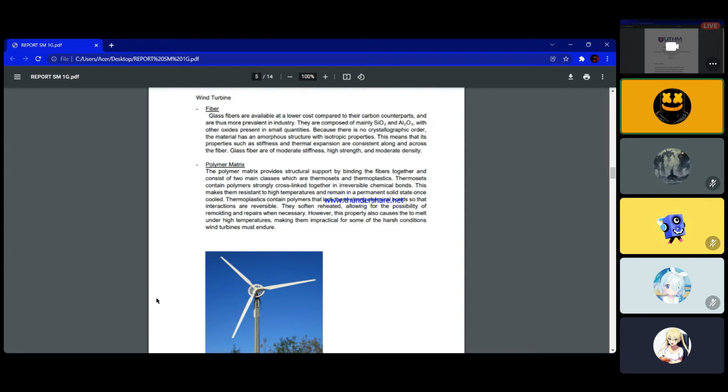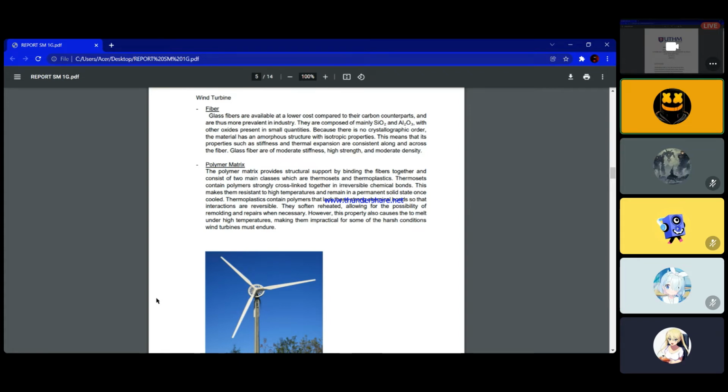Glass fibers are available at a lower cost compared to their carbon counterparts and are thus more prevalent in industry. They are composed of mainly SiO2 and Al2O3 with other oxides present in small quantities.